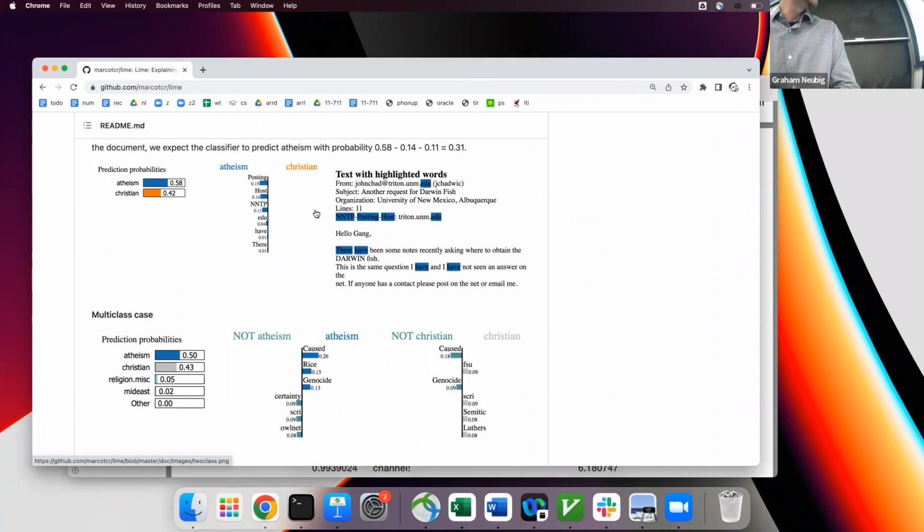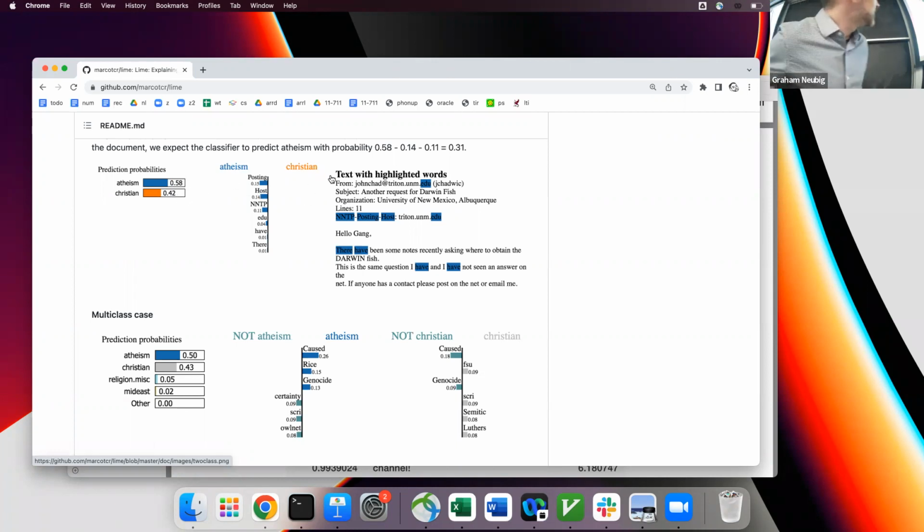If you perturb these words, these are the things that would have reduced the probability. So these are probably the things that caused it to believe it was about atheism as opposed to about Christianity.